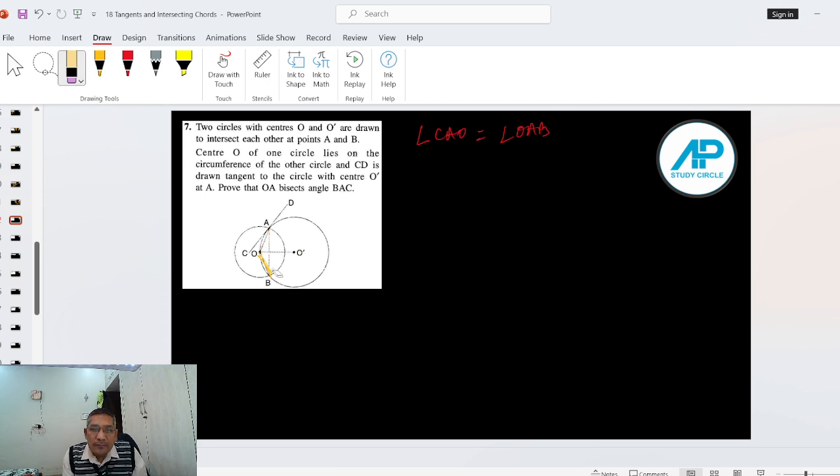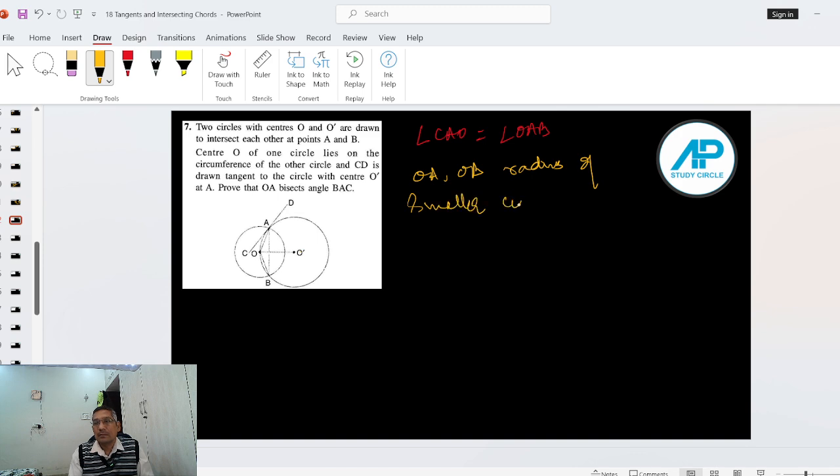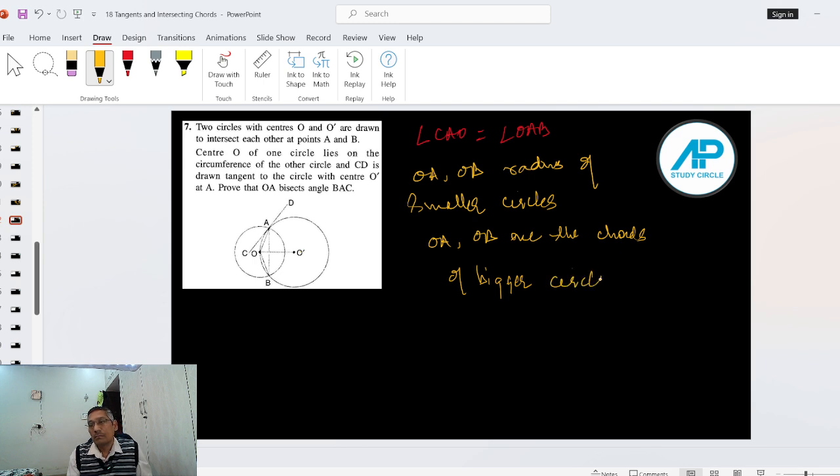And also if you see again carefully here, OA is a radius of the smaller circle, I'm writing it here, OA and OB, radius of a smaller circle, while OA and OB are the chords of the bigger circle, right?